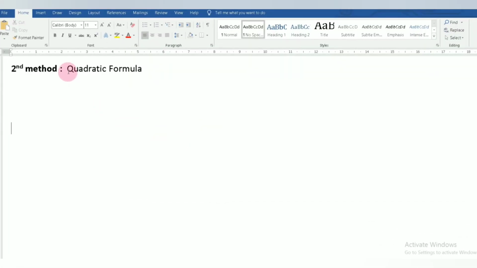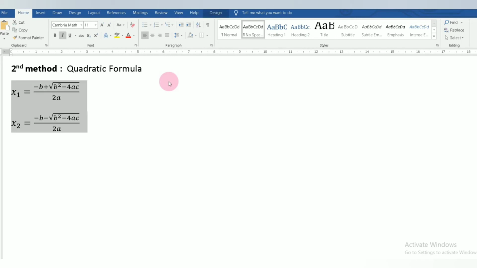The second method is the quadratic formula. Let me present what the quadratic formula is, and you have already been exposed to this in 8th grade. I want to separate this. Usually we use the plus-minus sign, but I want us to be clear that since we are finding the x-intercepts, we are open to the possibilities that there are two x-intercepts, or maybe one, or maybe 0.